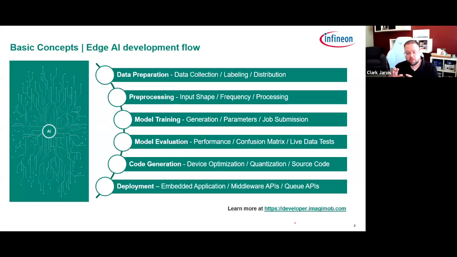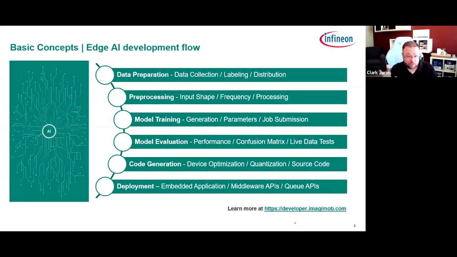Next step is looking at how I get this on an edge device, right? How do I get this on a small microcontroller? So there's the code generation aspect where I can optimize for my device. Do I need to quantize it, instead of a big floating point? Do I have a floating point unit on the device I can take advantage of? Am I okay with using 8-bit quantization, or do I need to stick with float values?